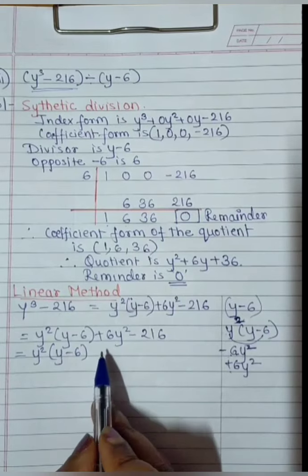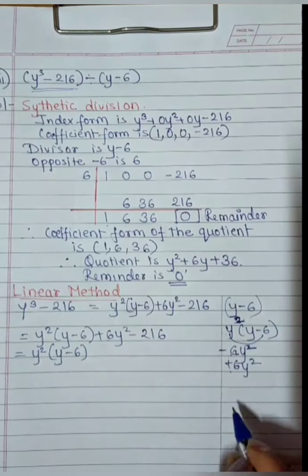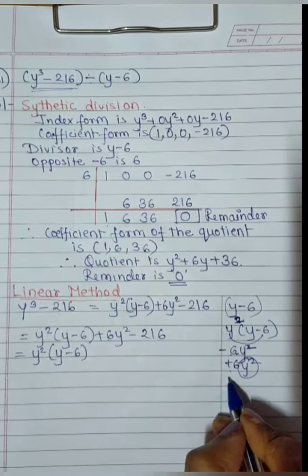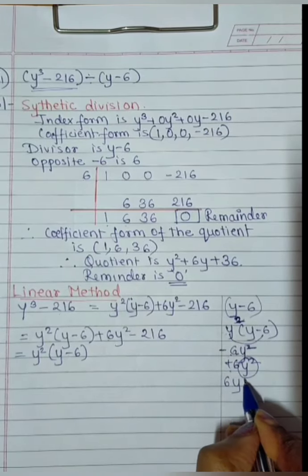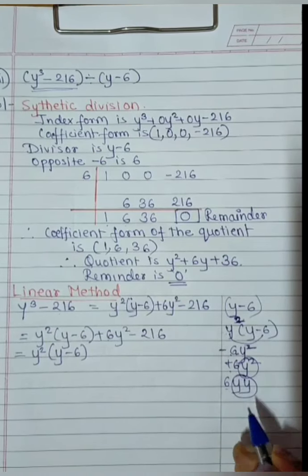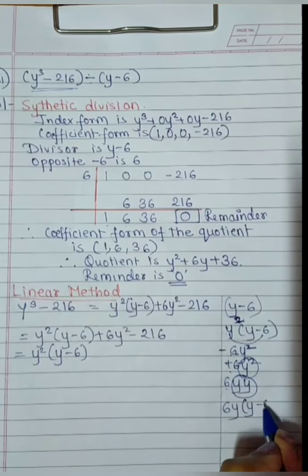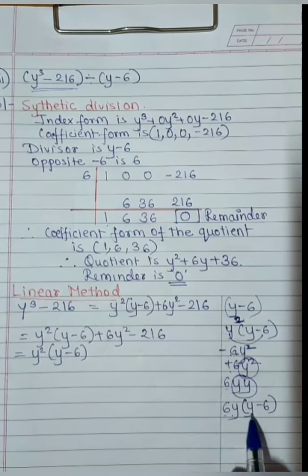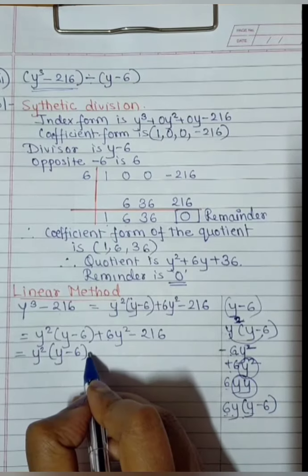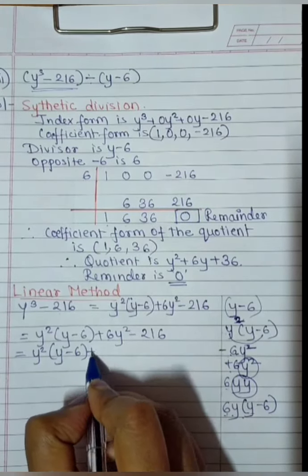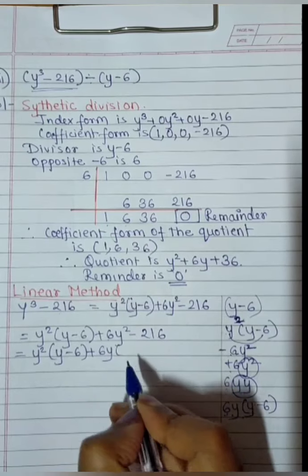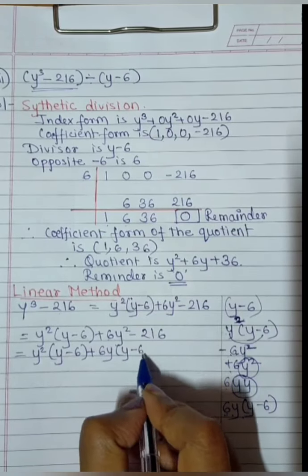Now here we are having 6y square, so we will take 6y and y minus 6. When we multiply, we will get 6y square. So I am writing here plus 6y in bracket y minus 6.